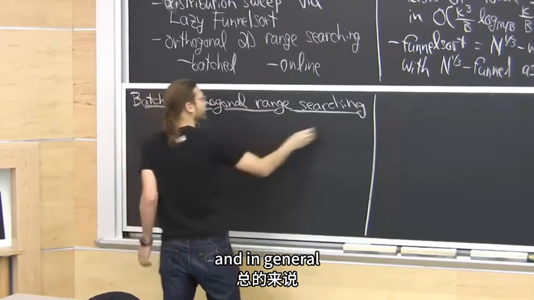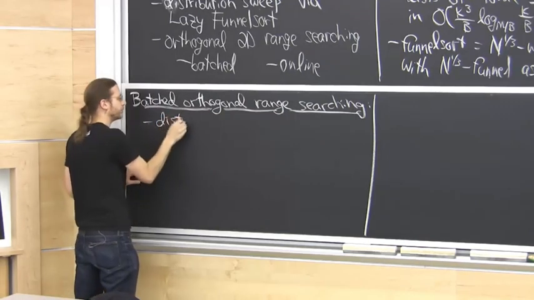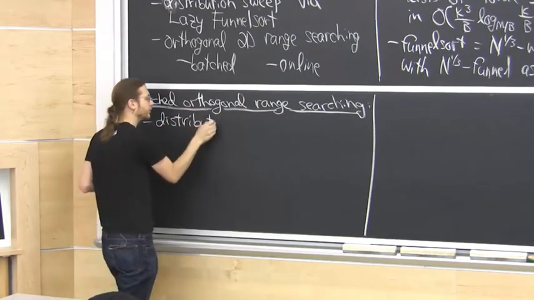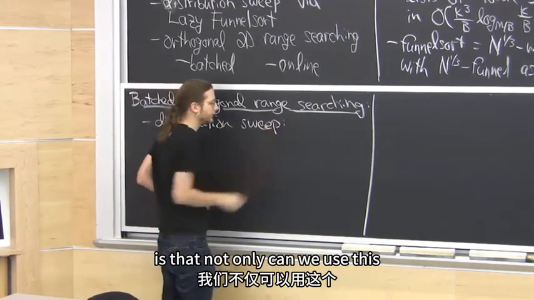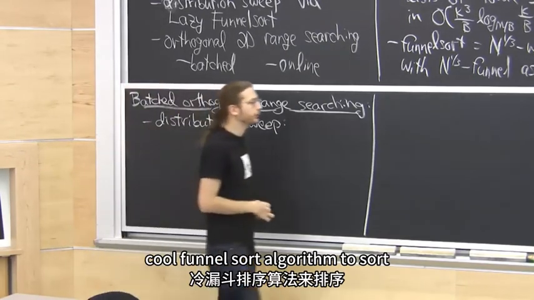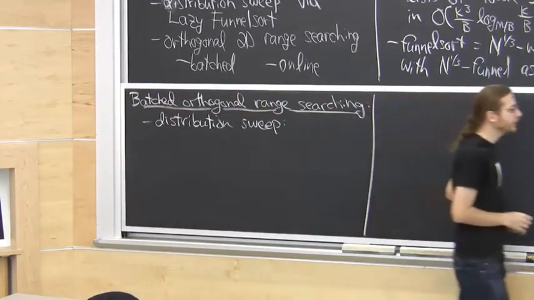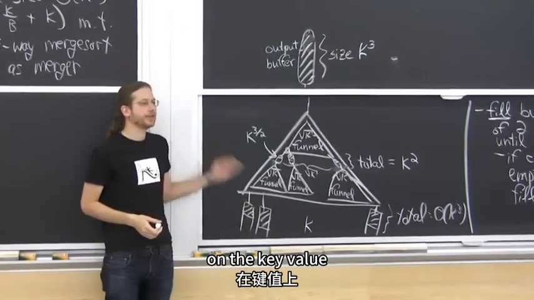And in general, this technique called distribution sweep. The idea with distribution sweep is that not only can we use this cool funnel sort algorithm to sort, but we can think of it as doing a divide and conquer on the key value.